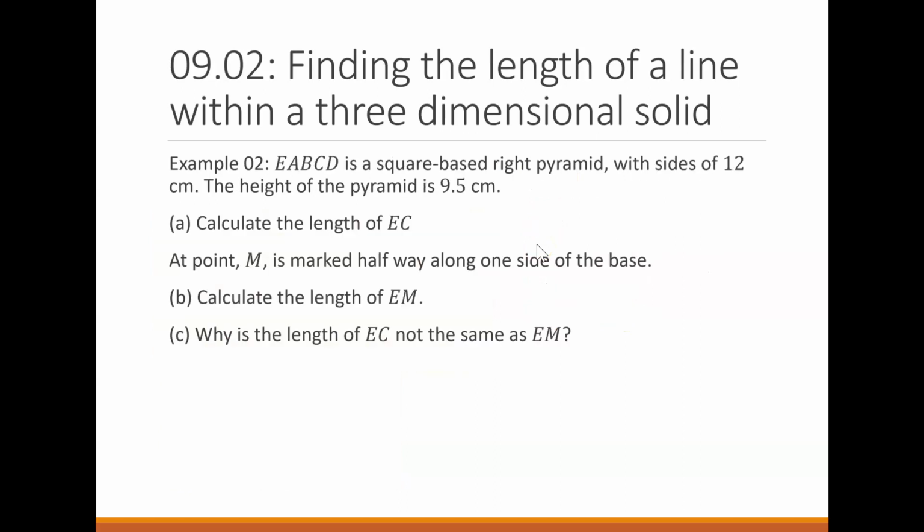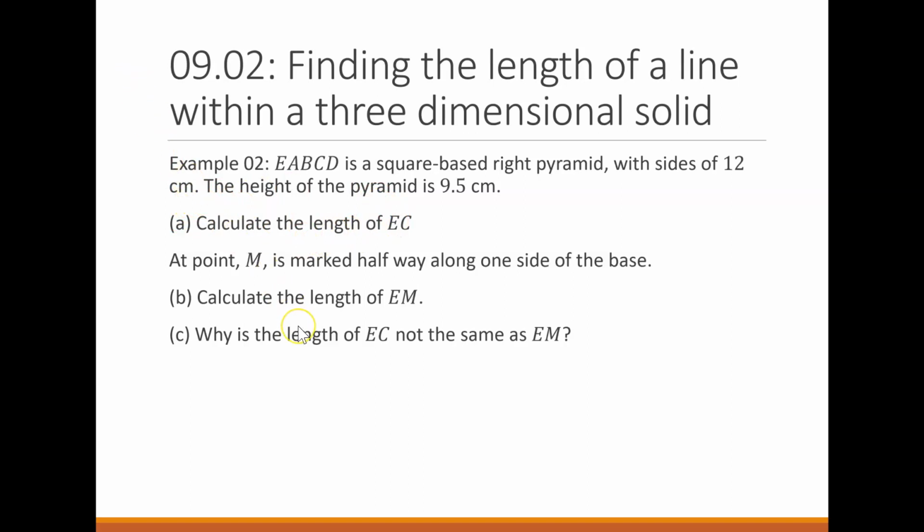Let's do another example. Let's say we have a square-based pyramid. E is the top and ABCD is the base. The sides of that square are 12, and the height of the pyramid is 9.5. We're going to calculate first the length of EC.